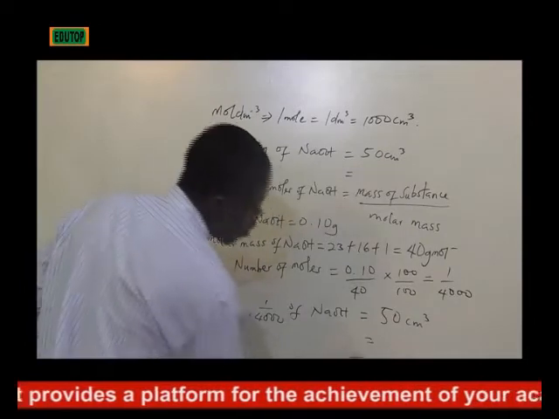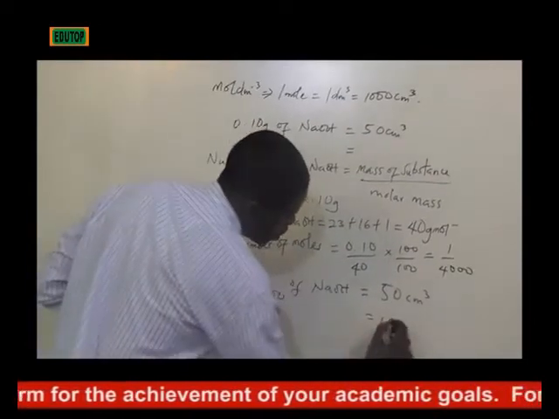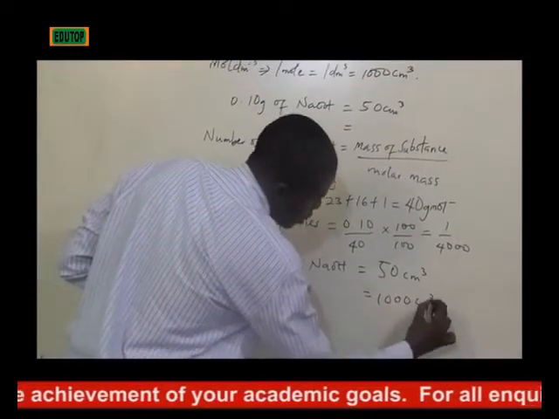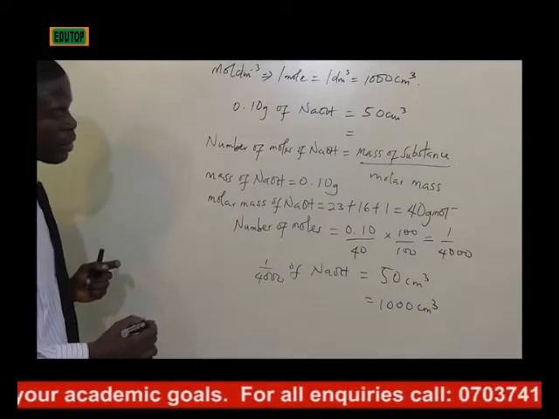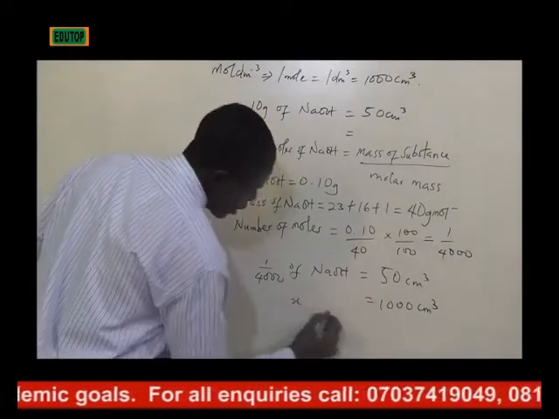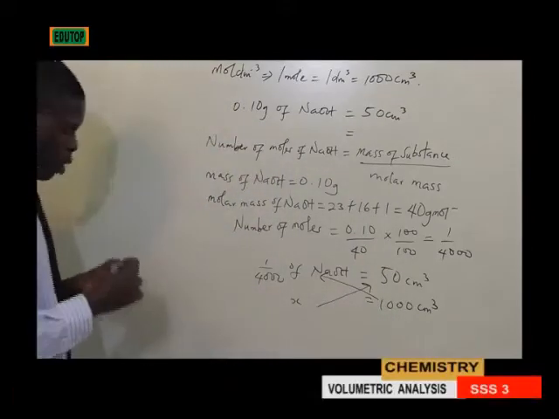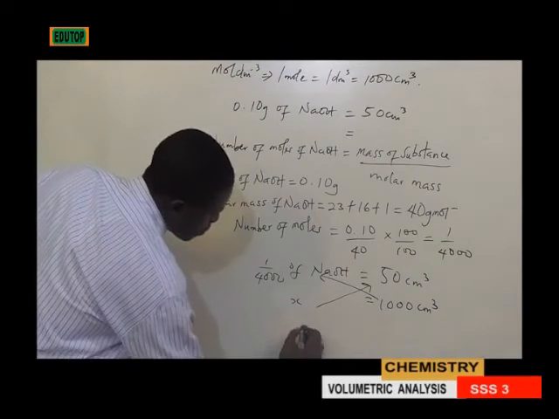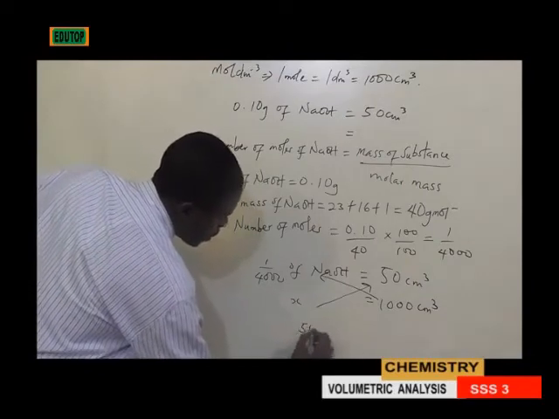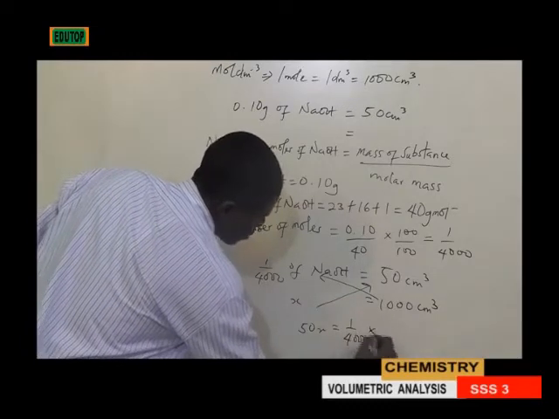We want to know the mole that will be responsible in 1,000 cm cube. Let this be x. Then we'll cross multiply. When we cross multiply this, at the end we're going to have 50x equals 1 over 4,000 times 1,000.